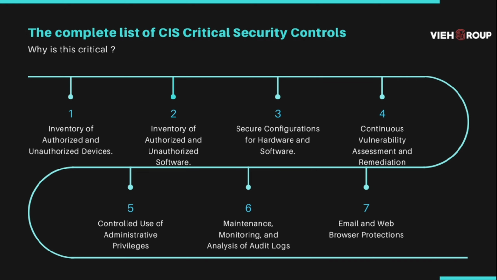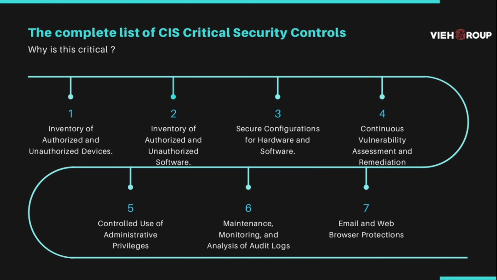Let's have a basic discussion on this first topic. Organizations must actively manage all the hardware devices on the network so that only authorized devices are given access and unauthorized devices can be quickly identified and disconnected before they inflict any harm.